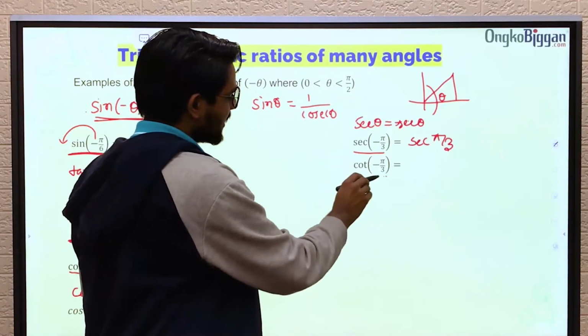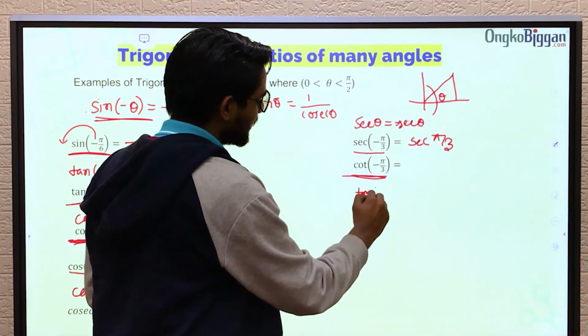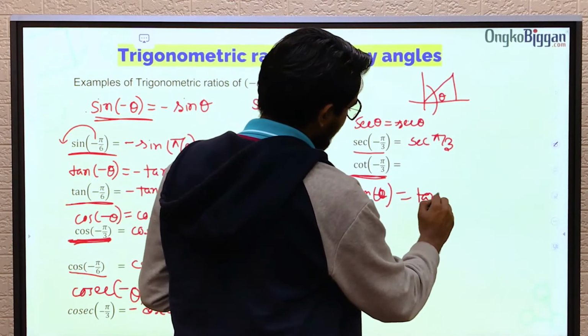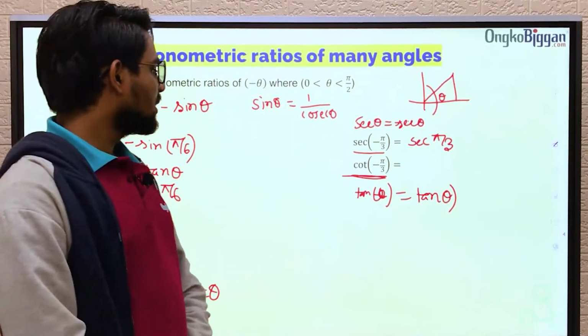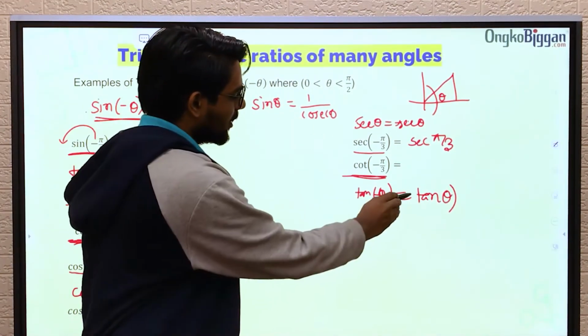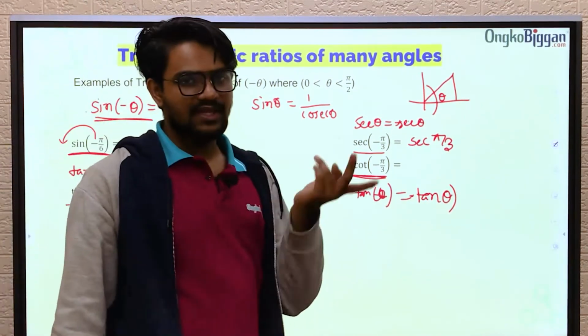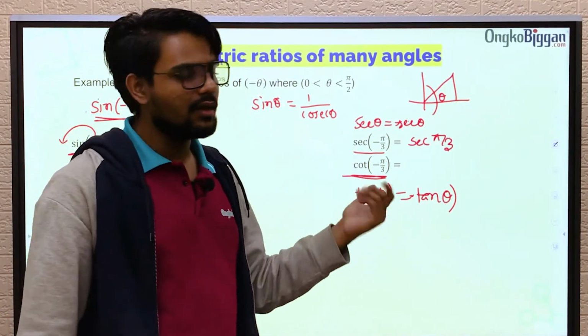And cot minus pi by 3. We know that tan minus theta is equal to minus tan theta, and cot is the inverse of tan theta. So there will be a minus in front, and if something happens to tan, it will surely happen to cot also, because they are interrelated.